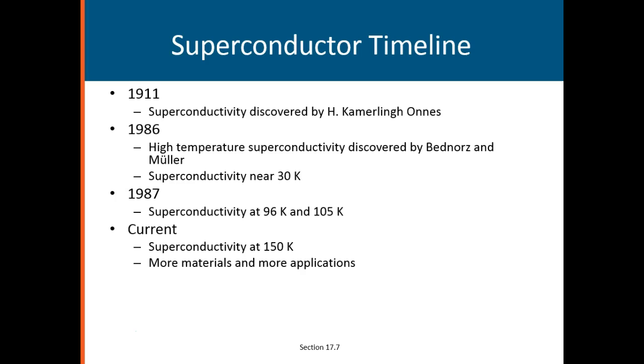You have a table in the book that gives the critical temperature for various superconductors: zinc, aluminum, tin, mercury, lead, niobium, niobium stannide, niobium germanide.